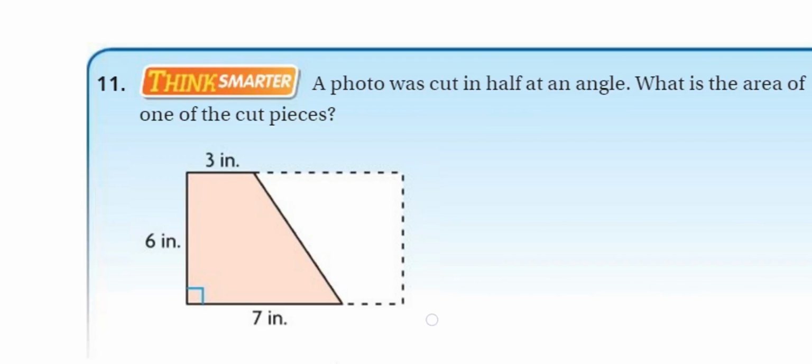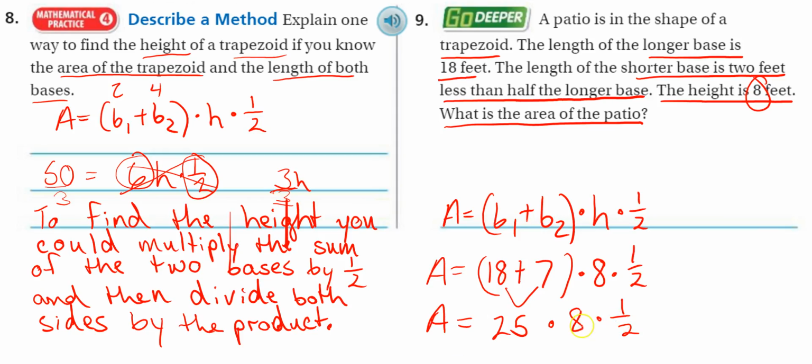Now this part I can do in any order I want. So I'm actually going to do 8 times 1/2 first, because I know what half of 8 is. Half of 8 is just 4. Because I have only multiplication left, that's why I can do the 8 times 1/2 first, because remember, 5 times 3 equals the same thing as 3 times 5.